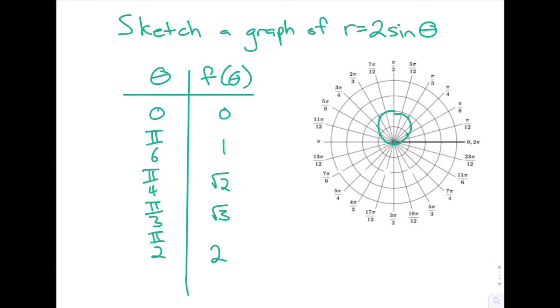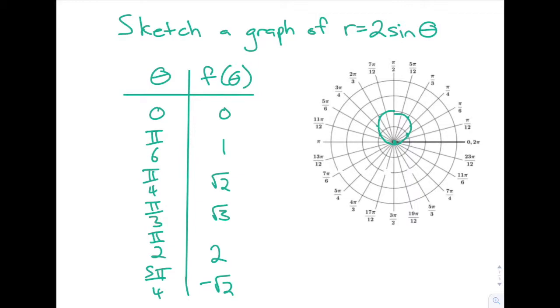And just for the sake of doing it, like what would we get if we were at 5 pi over 4? So sine of 5 pi over 4 would be negative root 2 over 2. 2 times negative root 2 over 2 would be negative root 2.